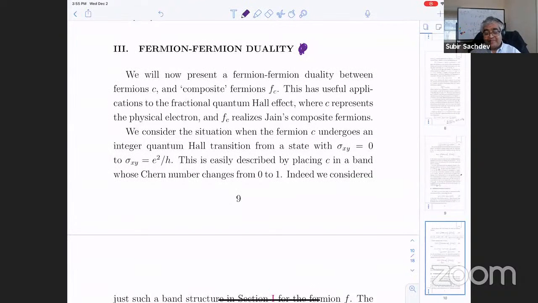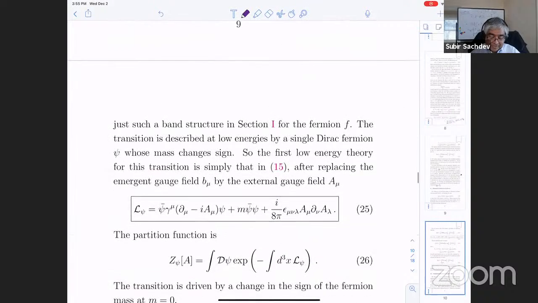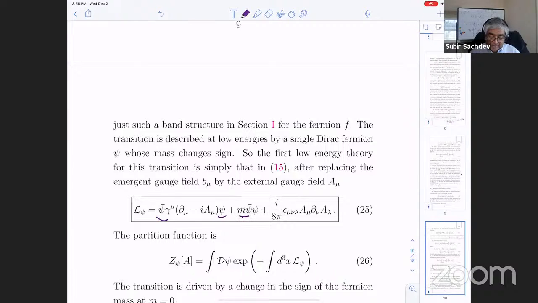So this is just free electrons with the Chern number changing transition. And we know what that's described by. I just showed you it's described by a Dirac fermion with some mass m coupled to some external gauge field. And you have to add the extra 1/2 to make sure the whole thing is gauge invariant. All right, so that's our phase transition. That takes the place of the superfluid-insulator transition. You have just an integer quantum Hall transition.